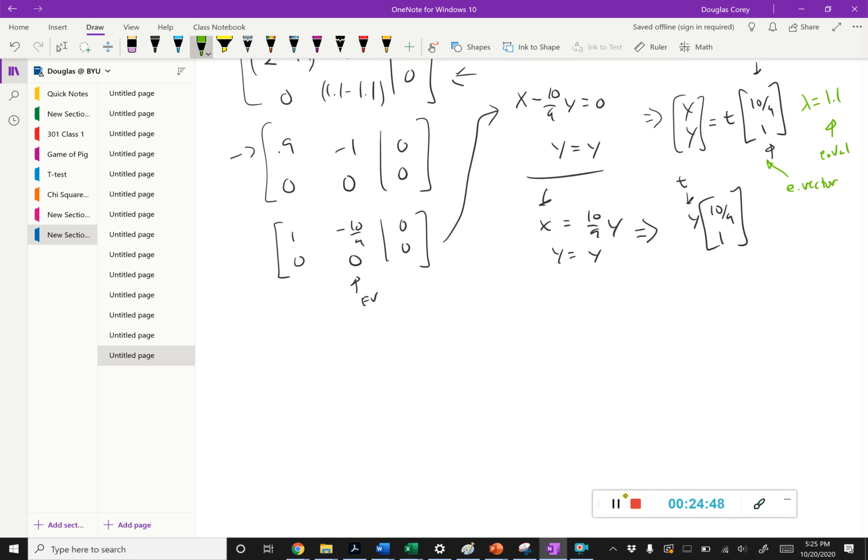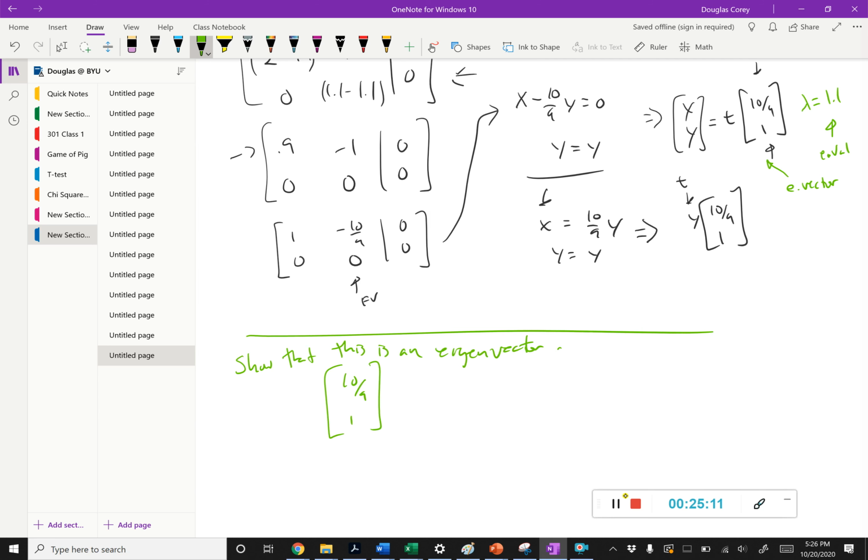Okay, let's test that. If they give you a vector like (10/9, 1) and they say show that this is an eigenvector of a matrix, and they give you the matrix 2, -1, 0, 1.1, then what are you going to do?